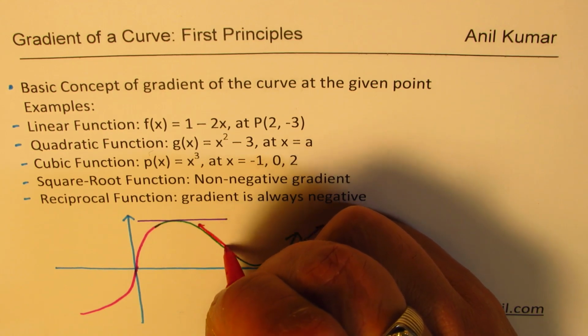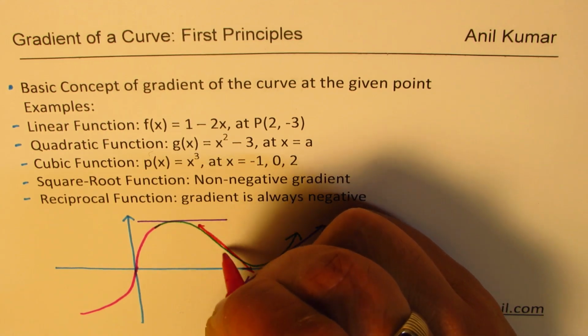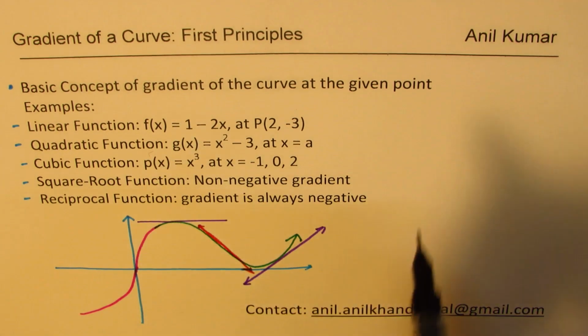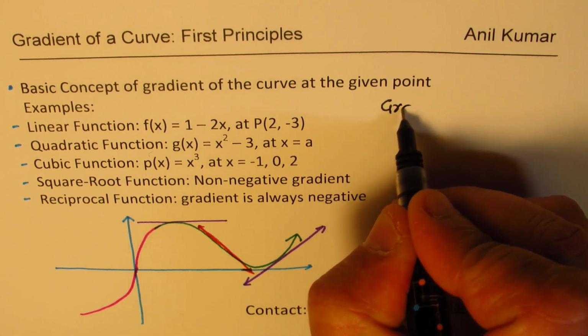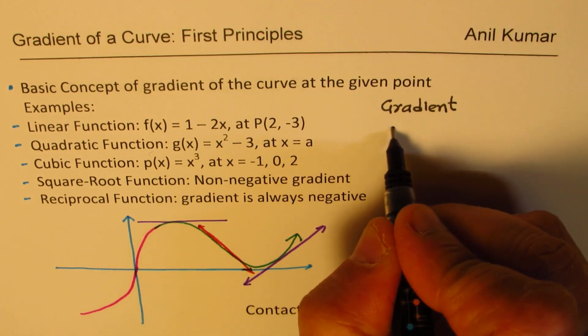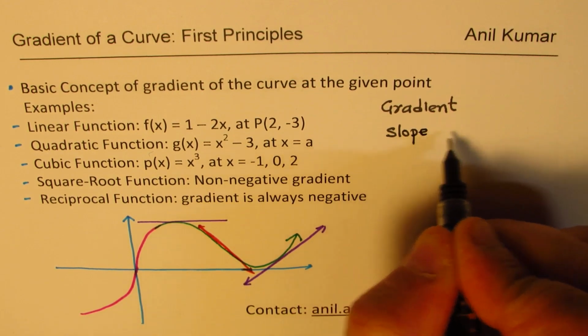The line is kind of going downwards. Okay. So basically, what we see here is that the term gradient, really we are talking about slope of tangent line.